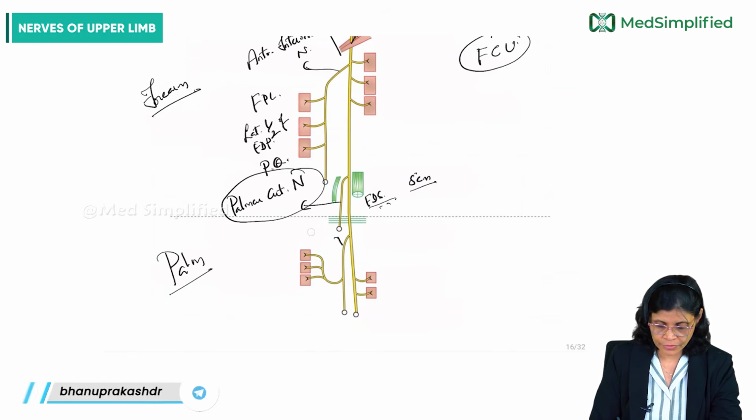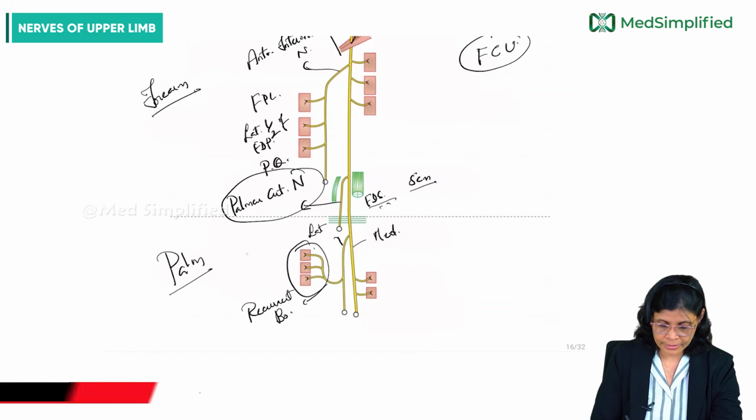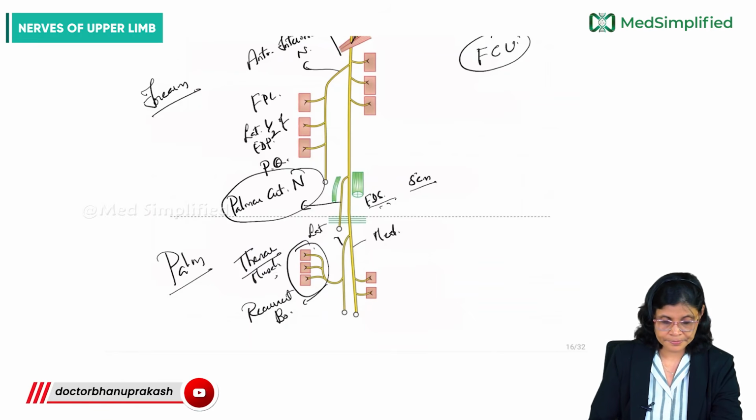The lateral division will give a recurrent branch, which will supply the thenar muscles.